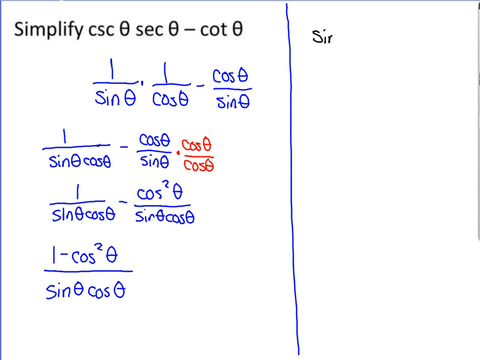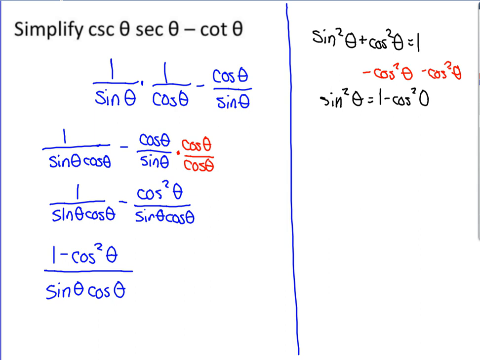One of our identities said the sine squared of theta plus the cosine squared of theta is equal to 1. If we rearrange this expression by subtracting a cosine squared of theta from each side, then we can say that the sine squared of theta is equal to 1 minus cosine squared of theta.